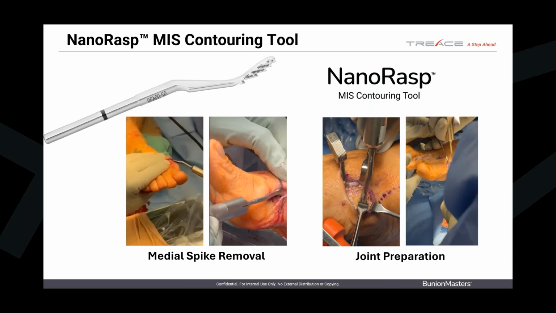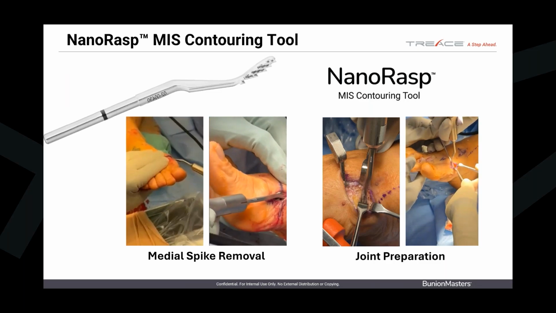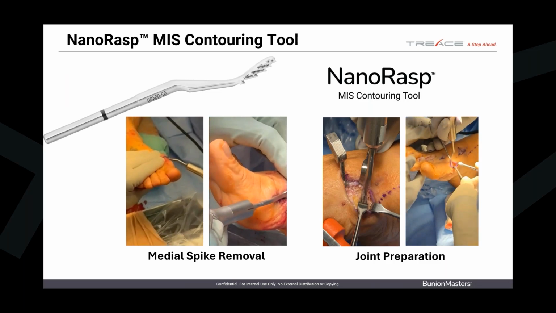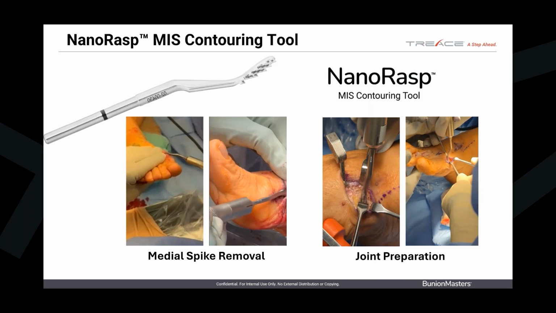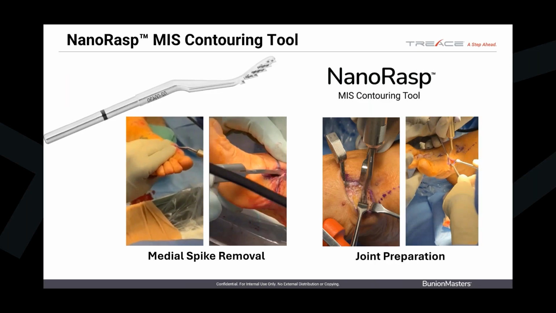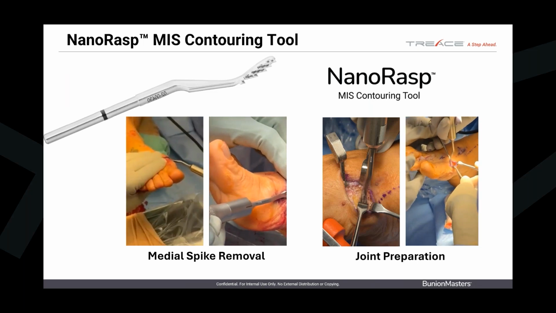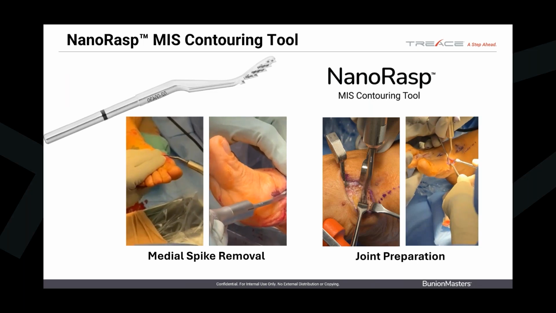You would have to continue washing it out. I want you to remove part of that spike with a rongeur and get the rest with the NanoRasp. Once you get comfortable with the NanoRasp, it works fairly well for MPJ fusions or tarsal fusions or tarsal metatarsal fusions. So it's a good tool to feel comfortable with when you want to work in a small parameter.